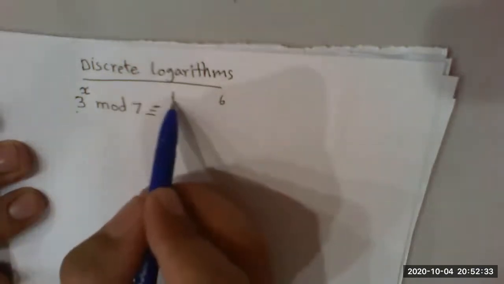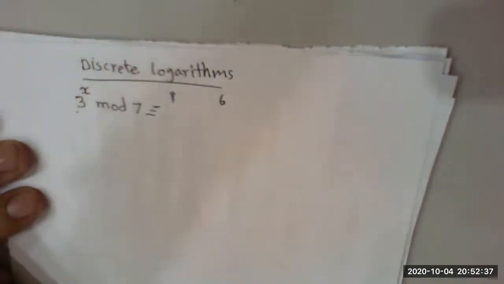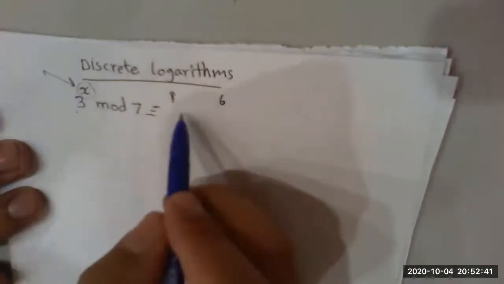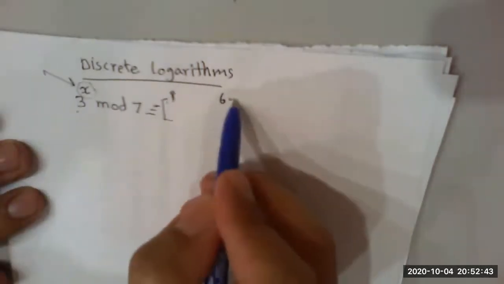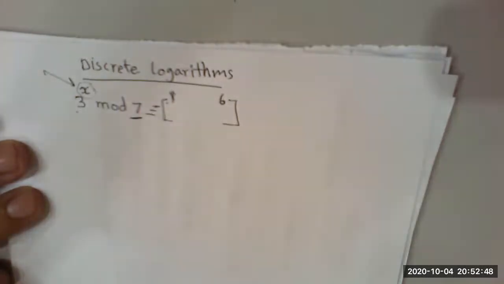I can enter any number for x, and it always gives me this range between 1 and 6, because I have 7 here.